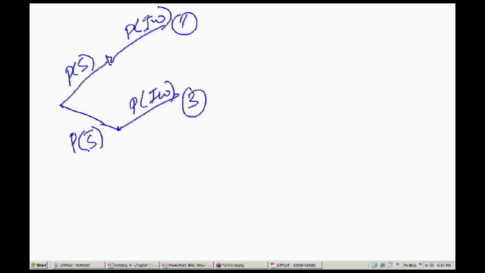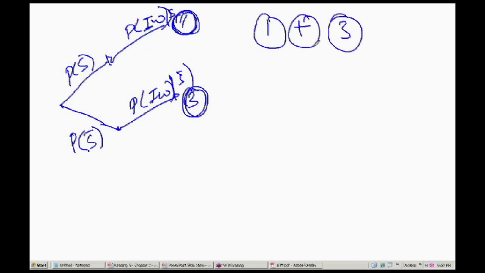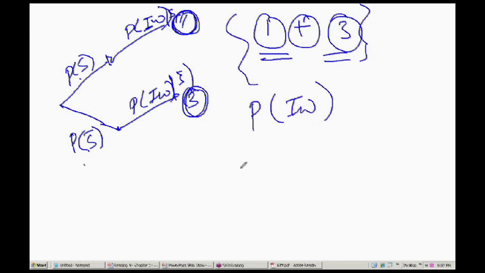So over here when India is winning, the probability is conditional. Why is it conditional? Here it is conditional on Sachin playing, here it is conditional on Sachin not playing. So whenever you see node 1 and node 3, you know that something conditional is happening. When I add node 1 and node 3, it doesn't matter whether Sachin plays or not. India is winning. So the probability of India winning is now not conditional, it is unconditional.